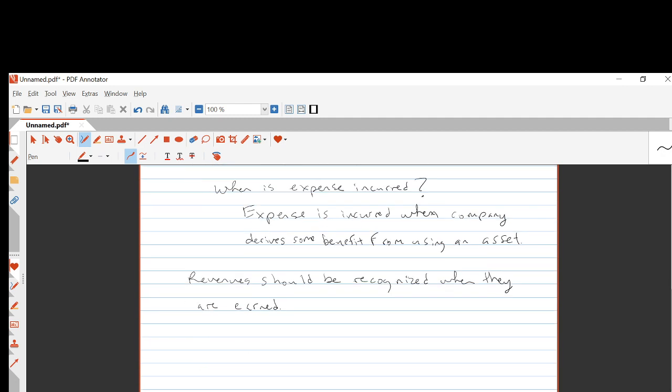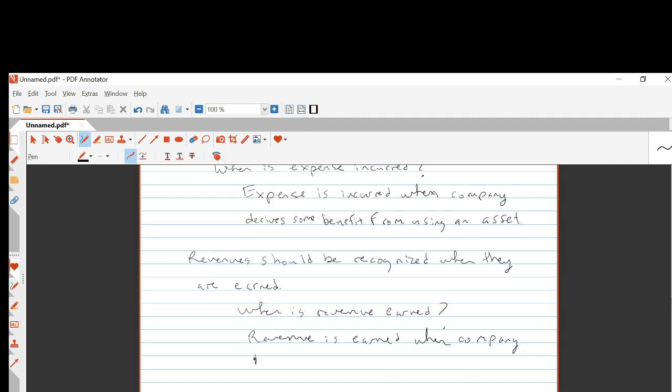When are revenues earned? Revenues are earned when the company provides the goods or services to the customer. Provides goods and or, if it's a service company, services to the customer.